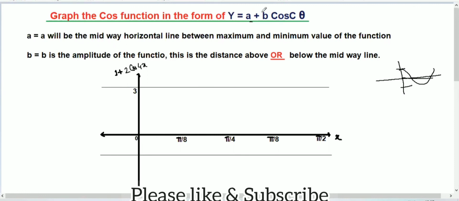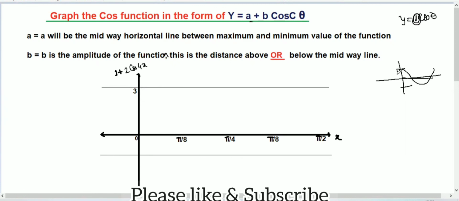And then what is this b? This b is the amplitude of the function. As we draw only cos theta, this number represents the range of the graph. What is amplitude? This is the distance above or below the midway line.